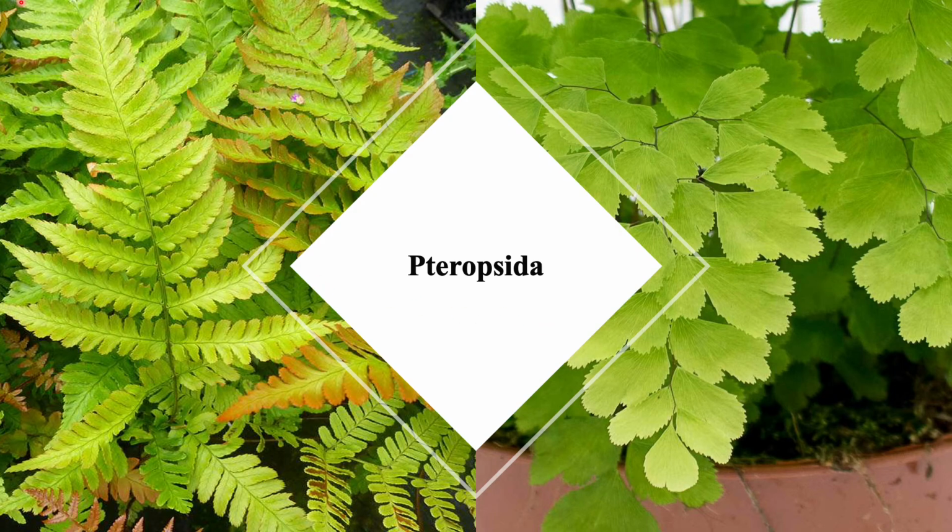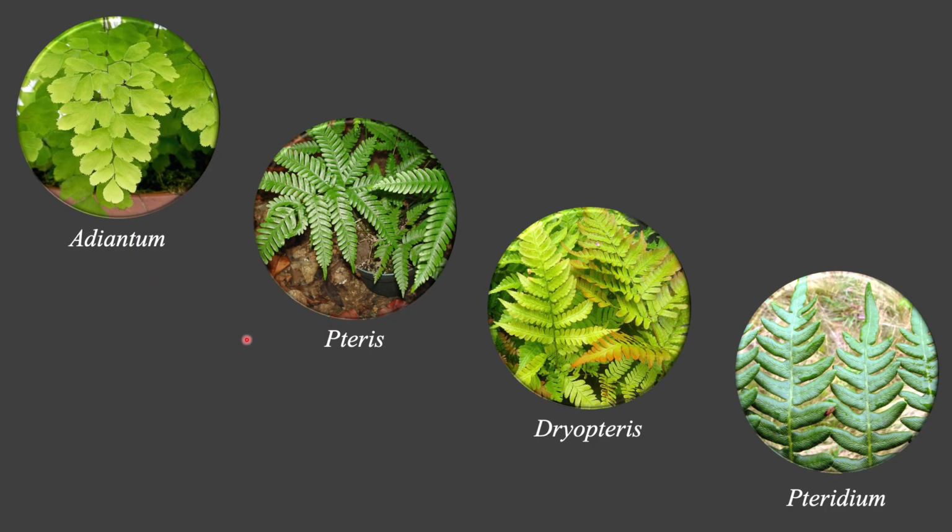Pteropsida. Pteropsida comprises nearly 10,000 species which are widely distributed on the surface of the earth. Most of the members are living. The living members of Pteropsida are Adiantum, Pteris, Dryopteris, and Pteridium.